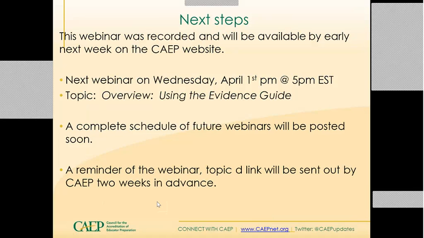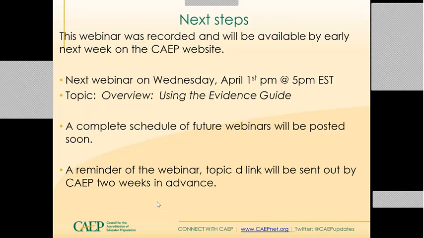Okay. So here's what we've got. We've got next steps in terms of this webinar was recorded and will be available by early next week on the CAPE website. I assume you will find that under resources. If CAPE staffers are online and can clarify, please do.